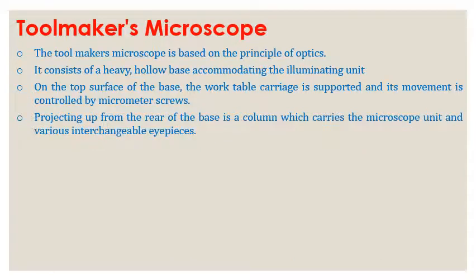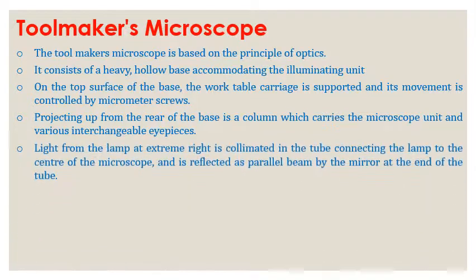Further, projecting up from the rear of the base is a column which carries the microscope unit, and various interchangeable eyepieces can be used here to achieve a better magnification. For example, from 20x up to 1000x by changing the eyepiece; generally we operate at 400x or 100x.